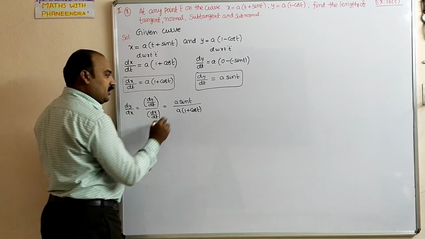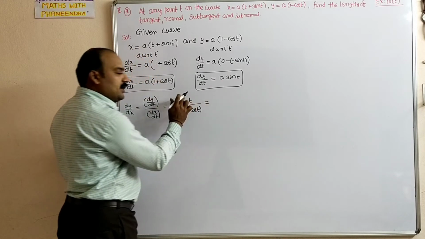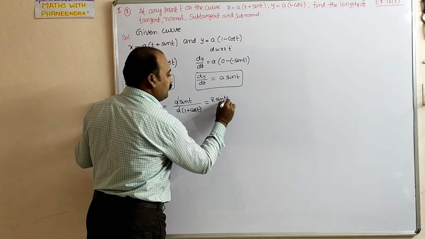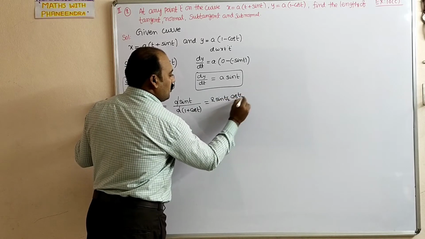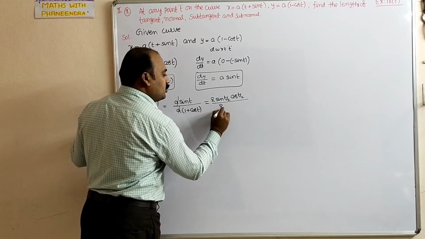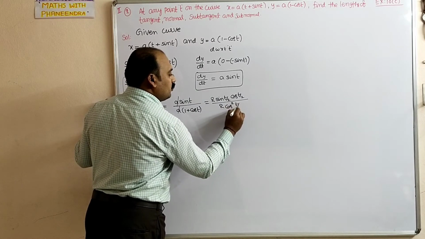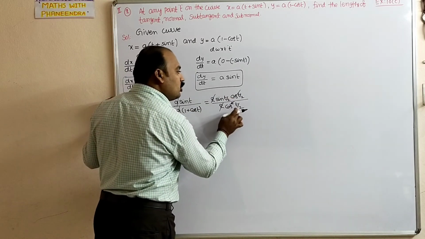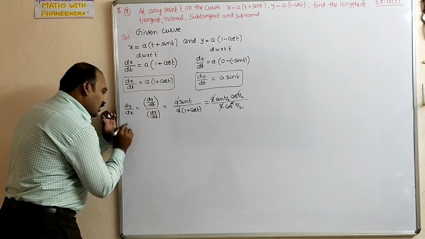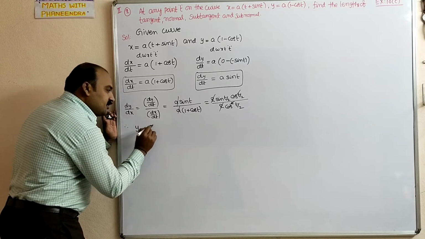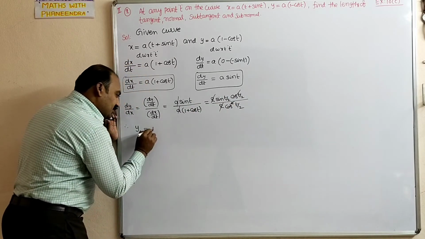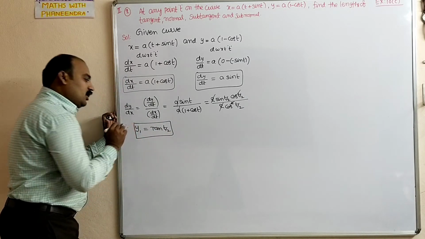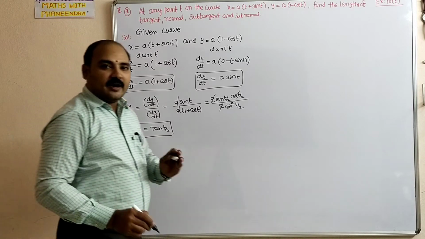We have to simplify: a gets cancelled, sin t in terms of half angles is 2 sin t by 2 cos t by 2, divided by 1 plus cos t, which is 2 cos square t by 2. So 2 gets cancelled, one of the cos t by 2 also cancelled, sin t by 2 by cos t by 2. Therefore dy by dx, that means y1, is equal to sin t by 2 by cos t by 2, which is tan t by 2.